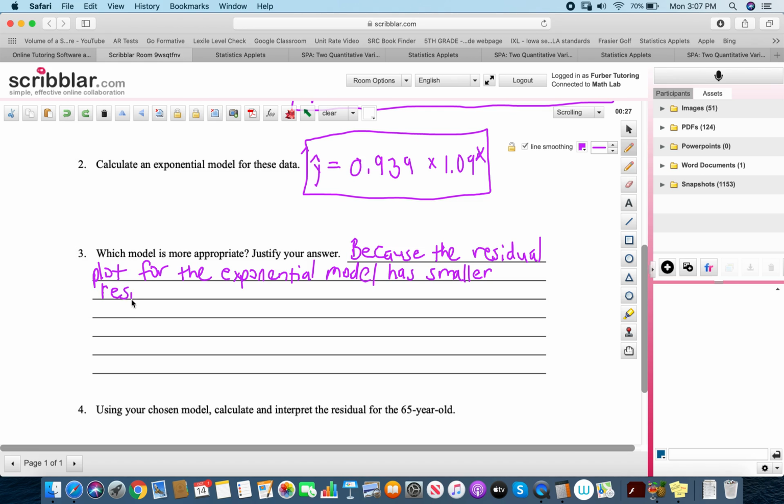Smaller residuals. It is more appropriate for this data.